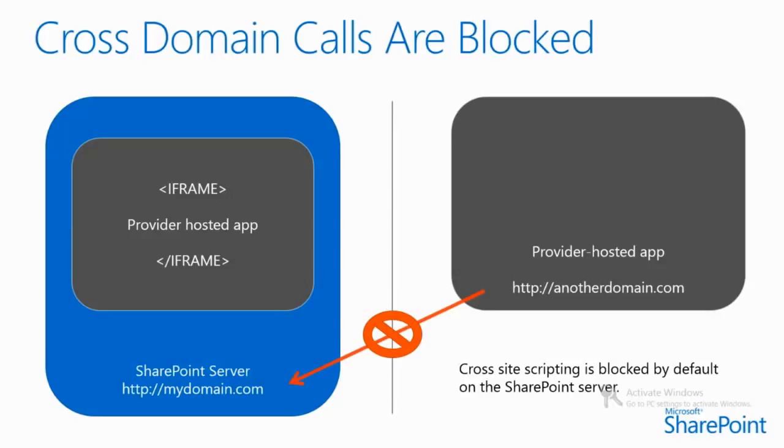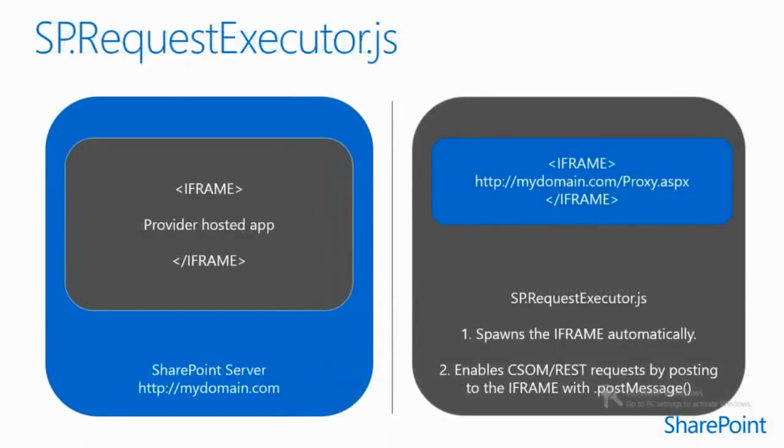So SharePoint, especially if it's an app part, creates an iframe running off of its domain, and it loads your page up into that particular iframe. If you try and communicate using JavaScript from your machine back to that domain, you're going to get cross-site scripting problems. That's pretty much the way it goes.